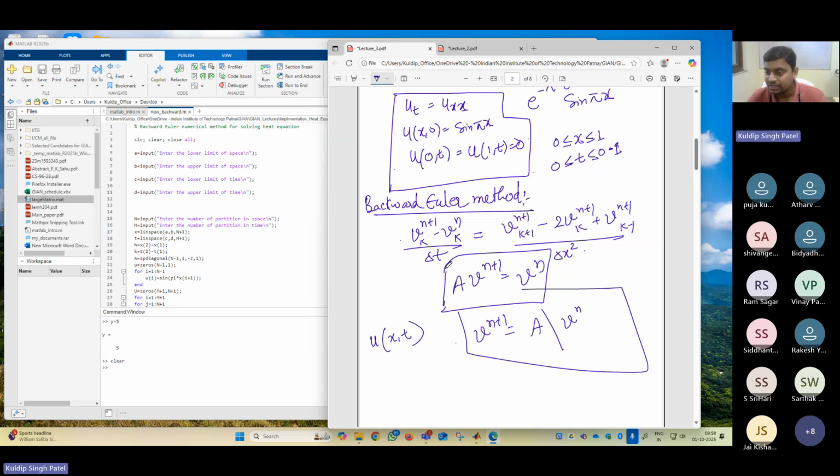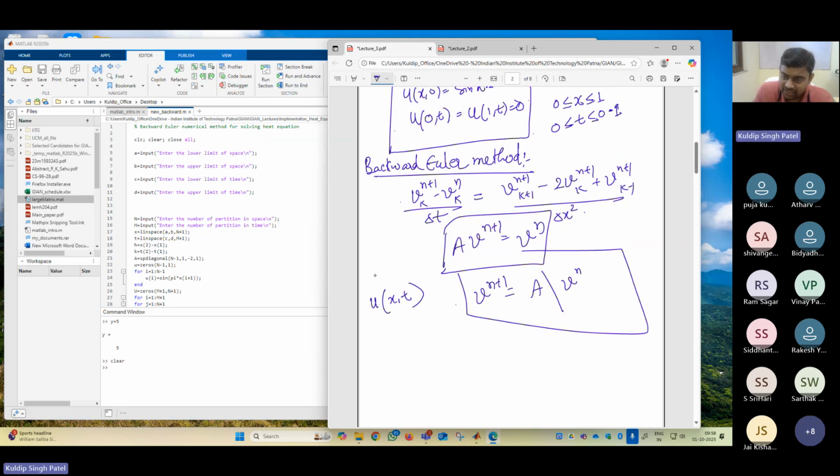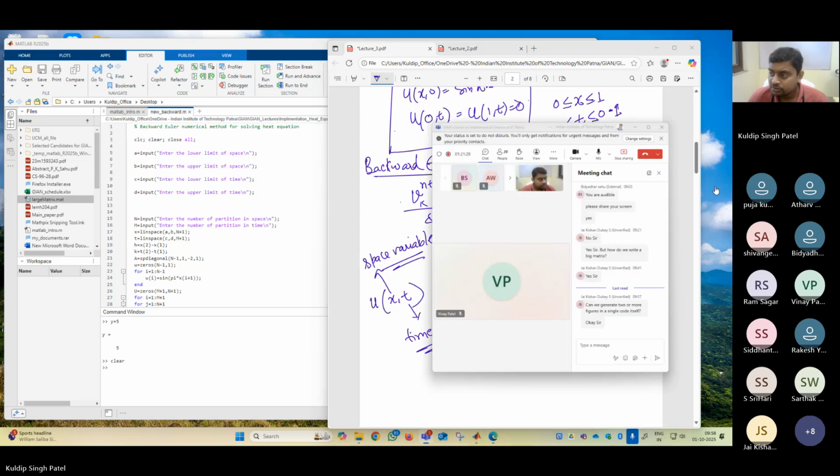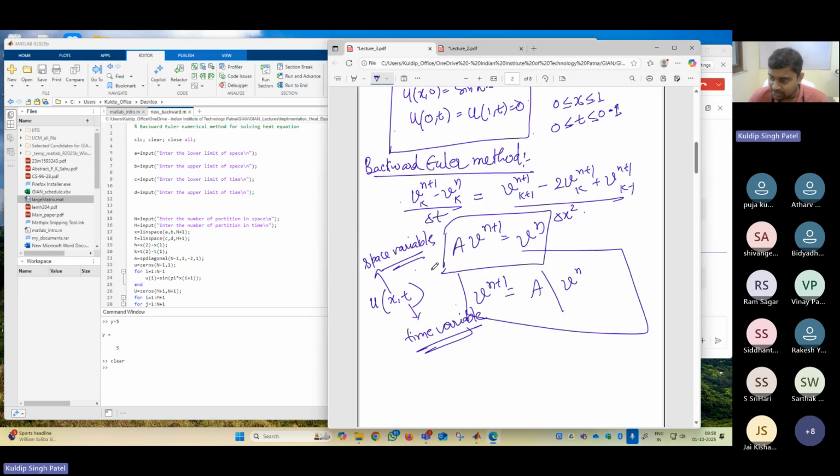Please try to understand that this is a terminology: we call this variable the space variable, and this variable we call time. Everyone understood? So we say x is the space variable and t is the time variable.